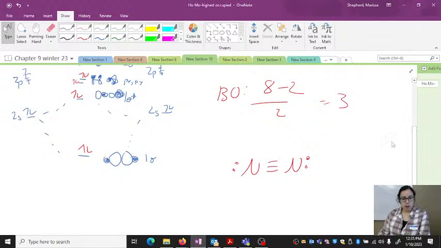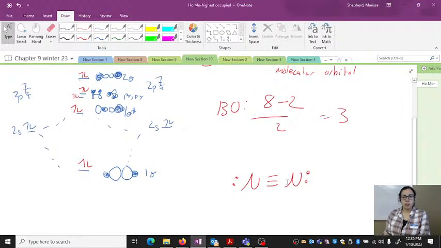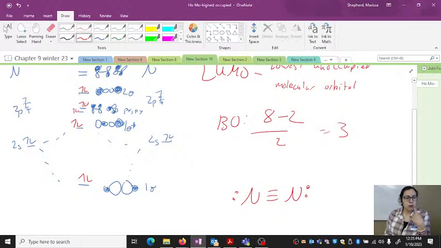So this would be our Lewis dot structure for nitrogen. Bond order matches, so that's cool. It tells us what's going on. We can look at what orbitals are actually bonding. And then we can also see probably these electrons are going to be in this orbital, in the 2 sigma here, where we have, again, high electron density.